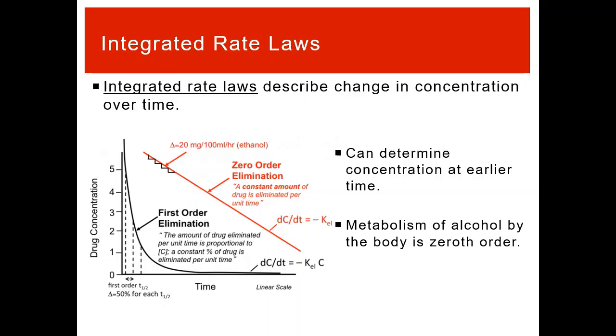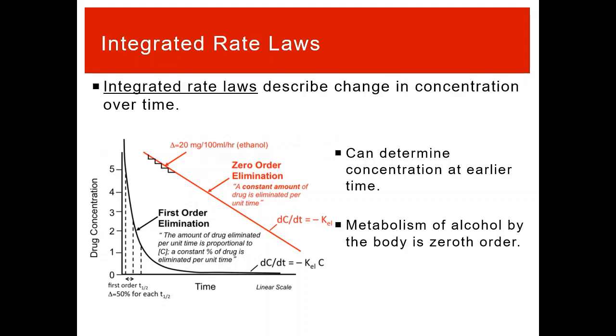In addition to just using integrated rate laws to look into the future, you can also determine concentrations at earlier times. This is really useful, for example, for the metabolism of drugs in the body, say in a human body. So we know the kinetics. Metabolism of alcohol by your body is 0th order, and so we know the rate constant of that elimination of alcohol.